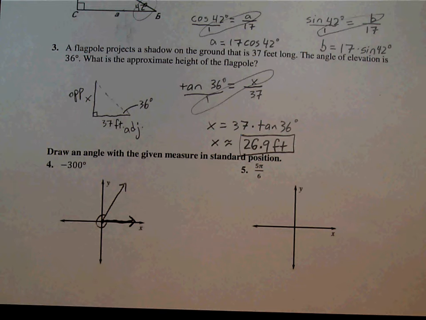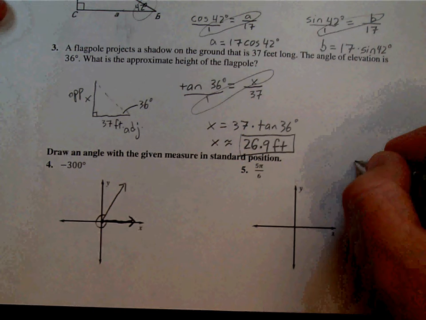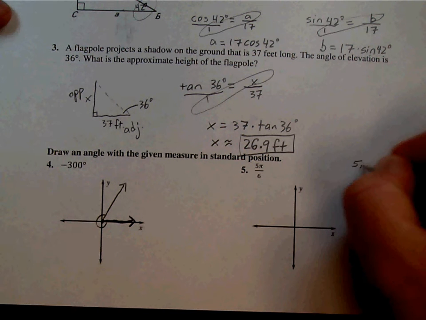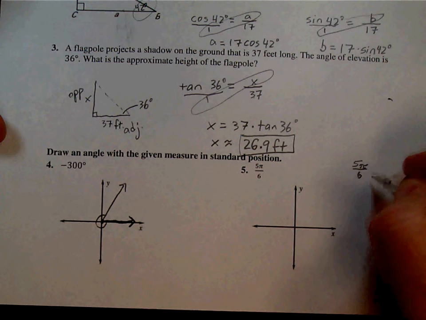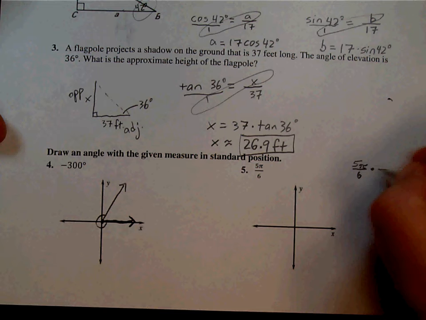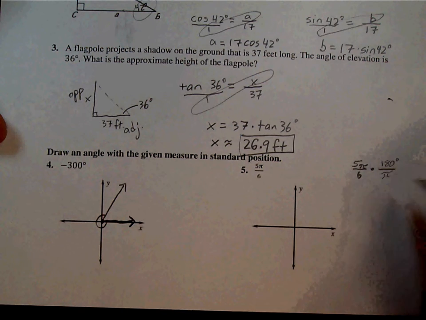Number 5, 5 pi over 6. So this is in radians. Since you're probably not as familiar with radian measure, you might want to convert it to degrees. We have some of those problems on the back side of this in a little bit, so we can practice that right now. So to convert to degrees, you multiply by 180 degrees over pi, because pi is the same as 180 degrees.